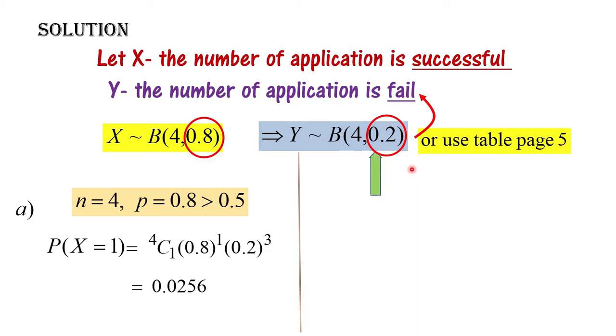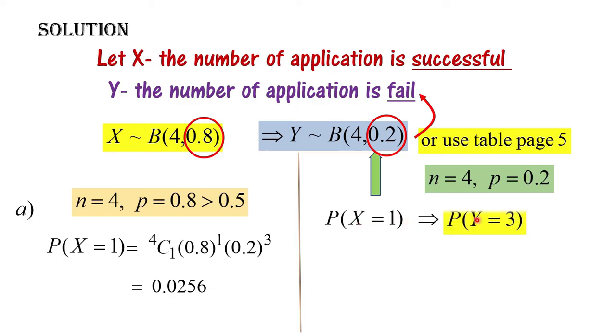Okay? If you use the table, turn to page 5. If you use the table, we will use the Y distribution. Y distribution, n equals 4 and p, the probability for the application to fail, is 0.2. So we need to change from successful to fail. So probability X equals 1 means the number of successful applications is 1, which means the number of failed applications is 3.